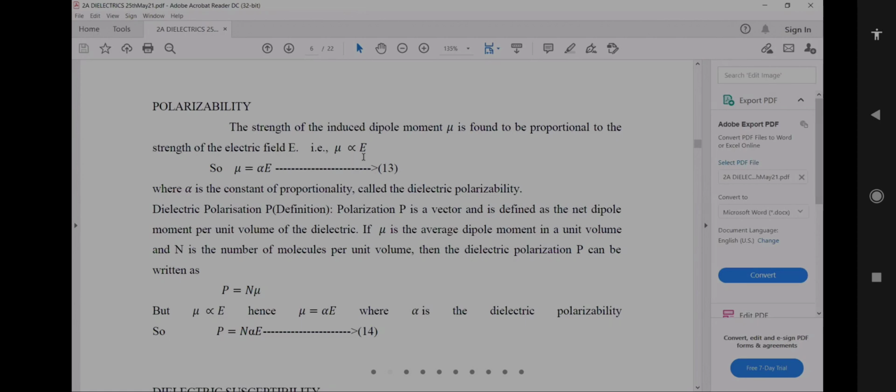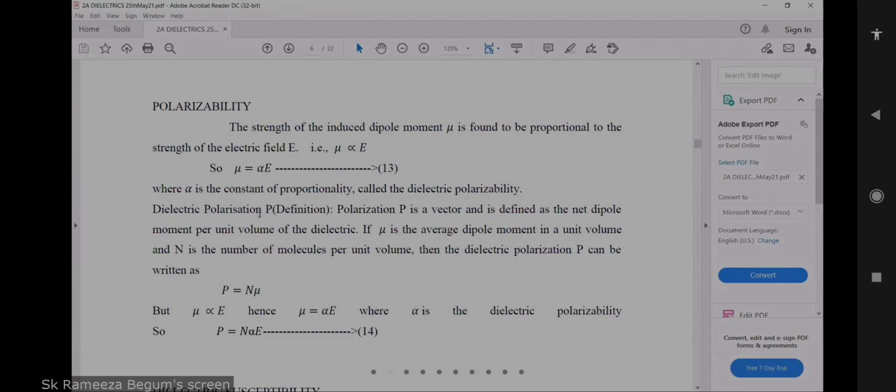If E increases, then the dipole moment also increases. Therefore mu is equal to alpha into E, where alpha is the constant of proportionality, called the dielectric polarizability.